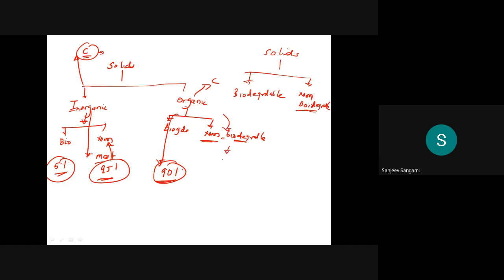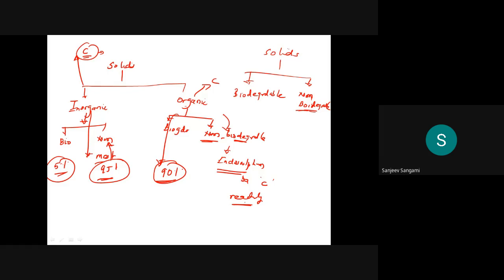For example, take the endosulfan pesticide. It also contains carbon in its structure, but it is not readily biodegradable. You can use the words readily biodegradable. A lot of discussion is required on whether all inorganics are non-biodegradable and all organics are degradable.